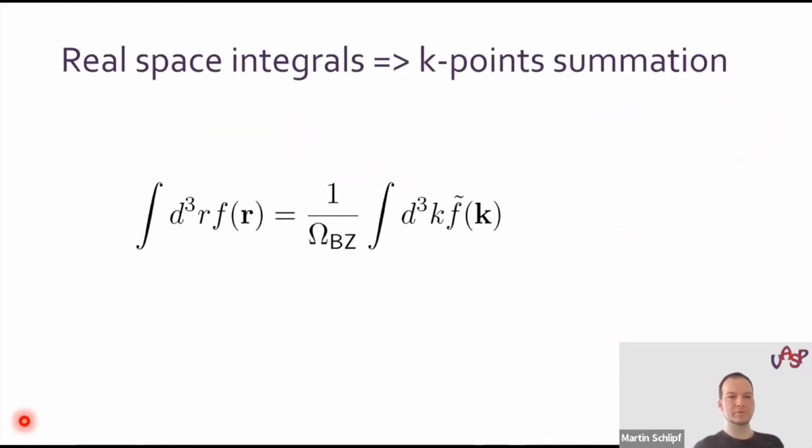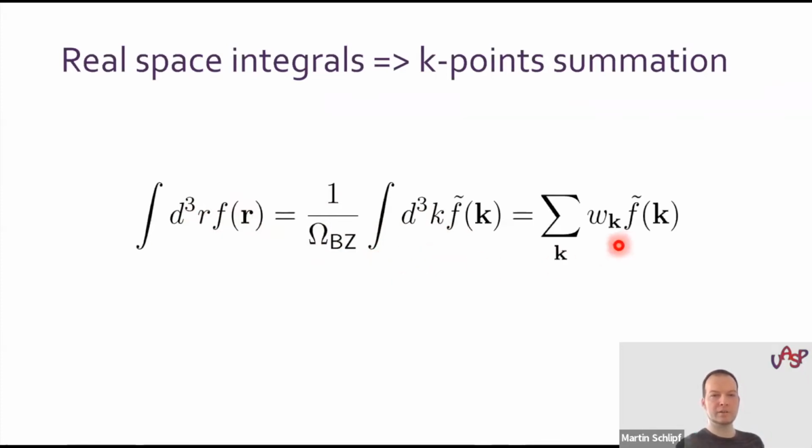Now we want to see how we actually implement this in the code. In practice, what we do is replace real space integrals by going to reciprocal space. This is essentially a Fourier transform from the real space integral into a reciprocal space one. But of course, in practice, we cannot actually evaluate integrals. So we discretize this integral using a summation over all k-points with quadrature weights.